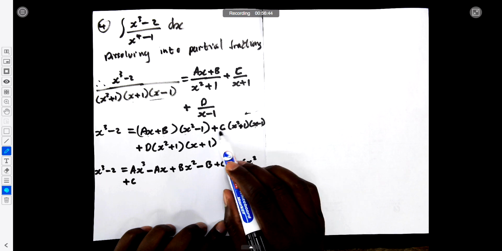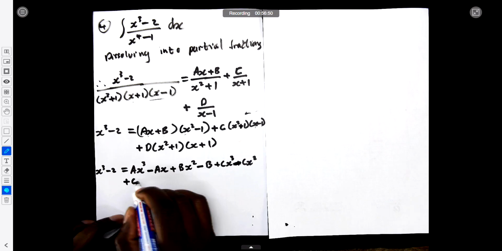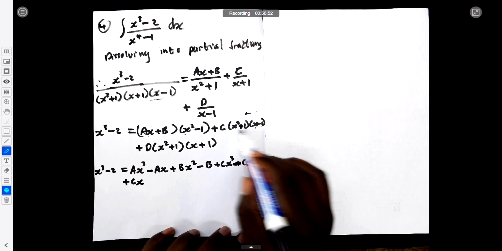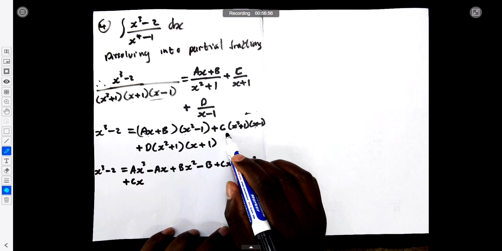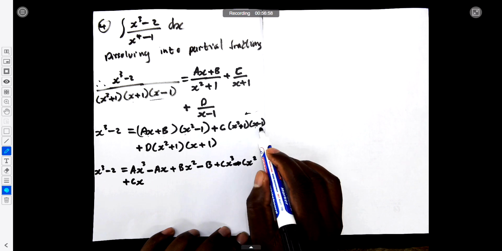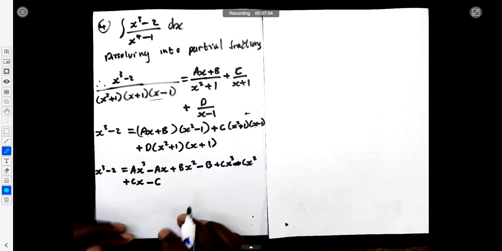Then 1 times 1, it's c. And this is saying multiply by c. Then 1 times minus 1, negative 1 times c, negative c.